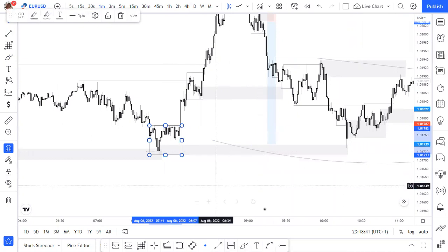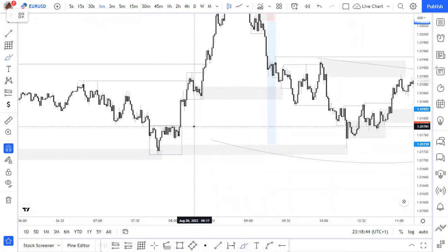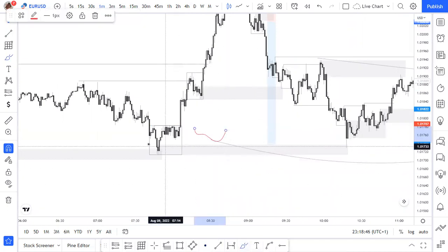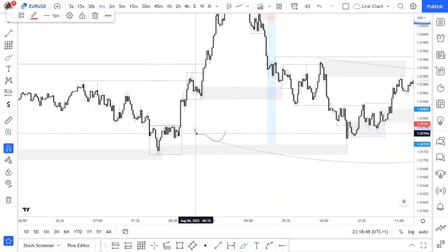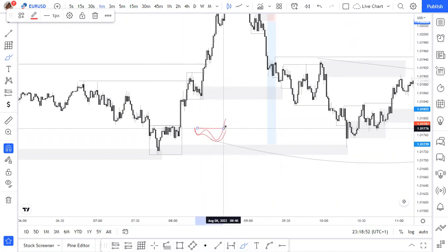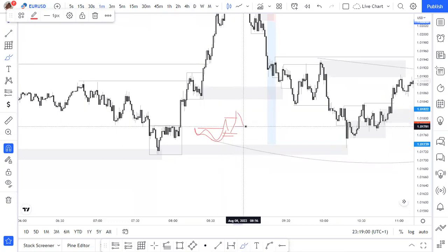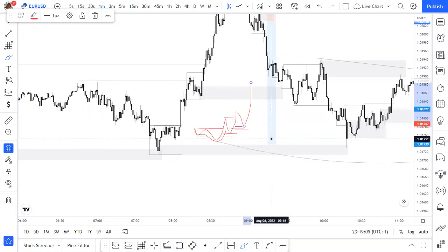If I start getting some kind of confirmation from this whole zone that price is coming to the refined ones, as long as I get the confirmation I need, which is a break of structure, price pulling back, respecting that structure, and making a new higher high, then I can confidently take the trade whenever price pulls back for the second time. Then that's, let's say, my entry model.